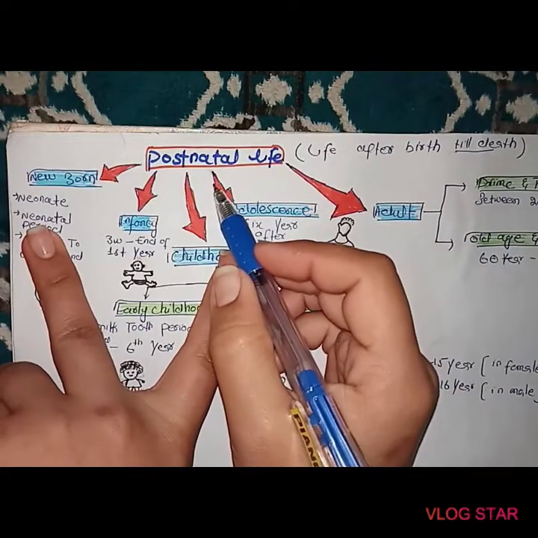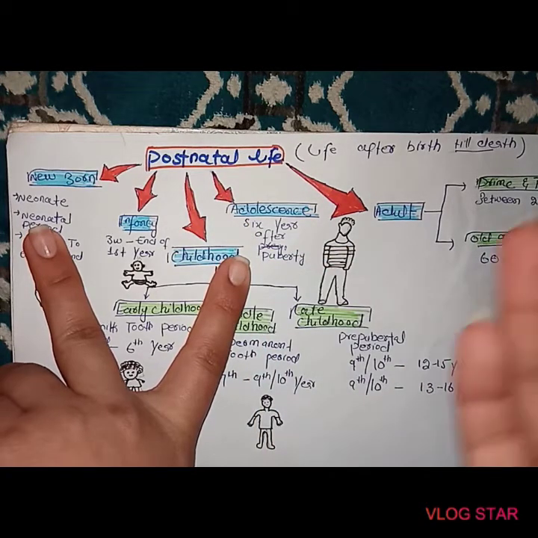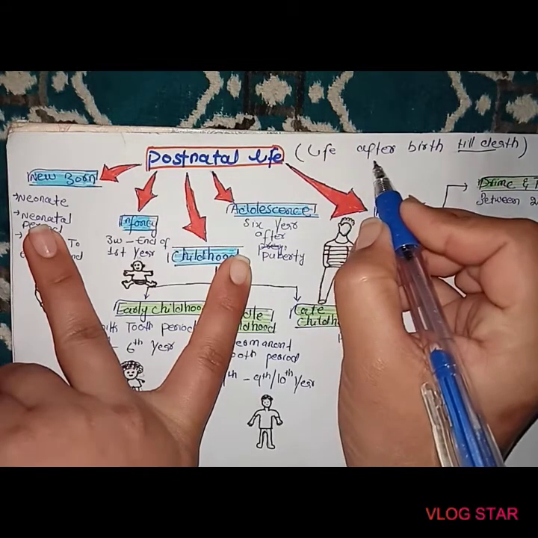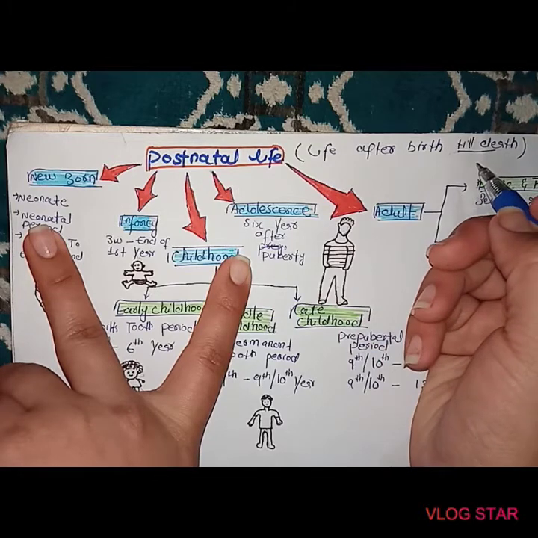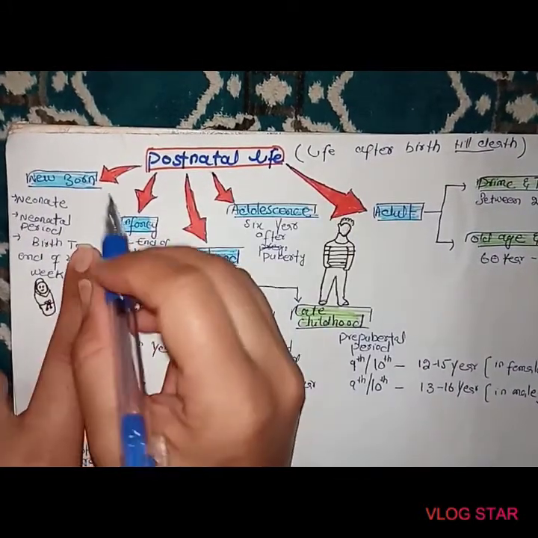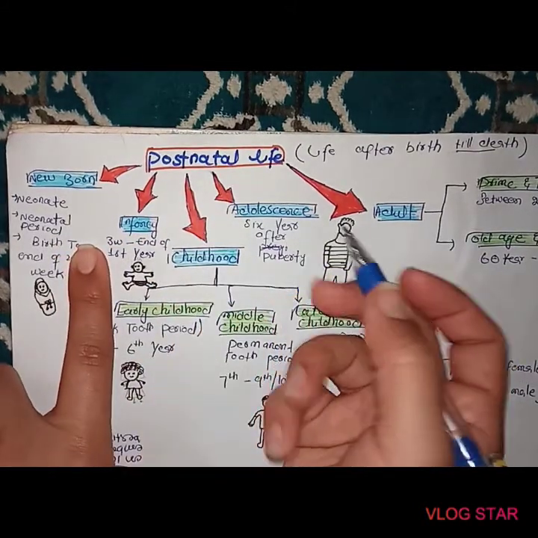Now we will discuss the postnatal life. Once the fetus is delivered, the postnatal life starts, and this is the life after birth till death of the person. We divide the postnatal life into 5 stages: newborn, infancy, childhood, adolescence, and adult.